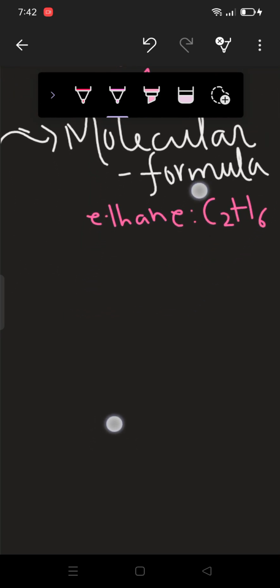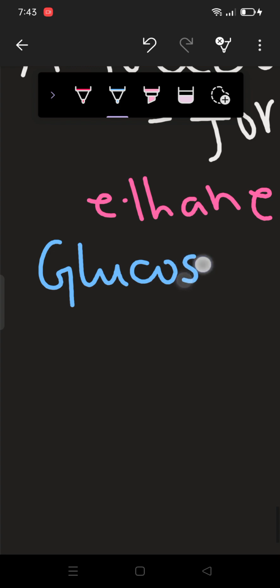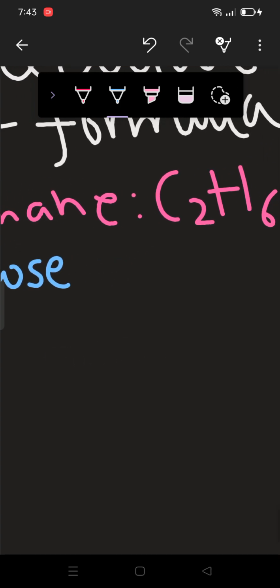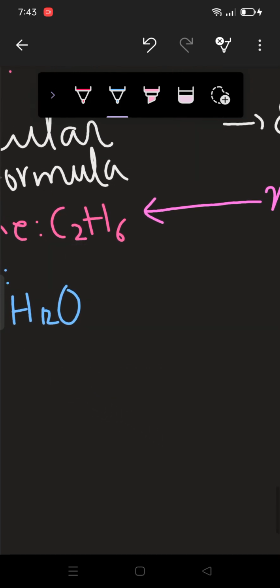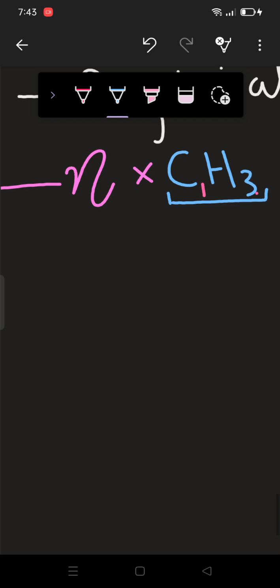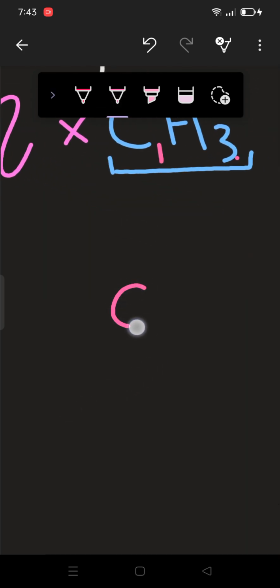Now let's take an example of glucose, right? The formula of glucose is C6H12O6, right? And the empirical formula of glucose is CH2O.